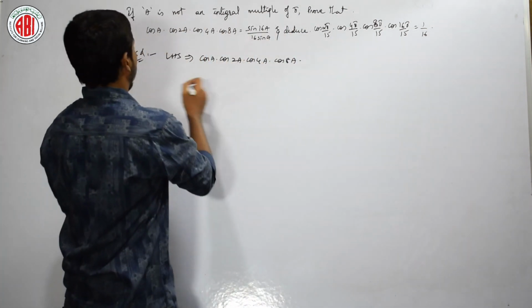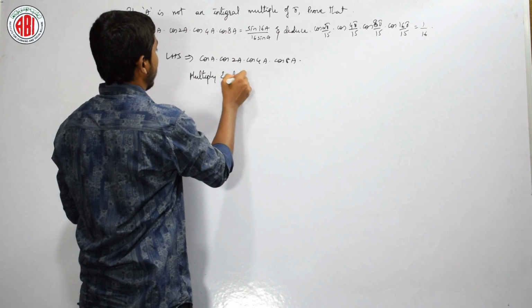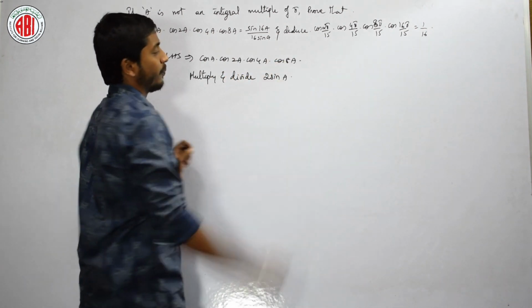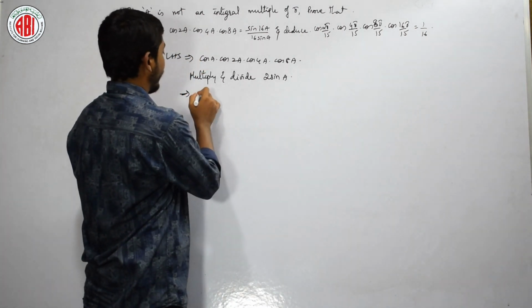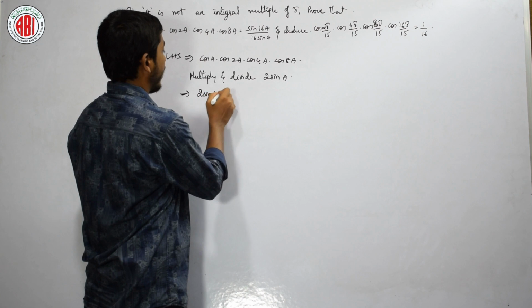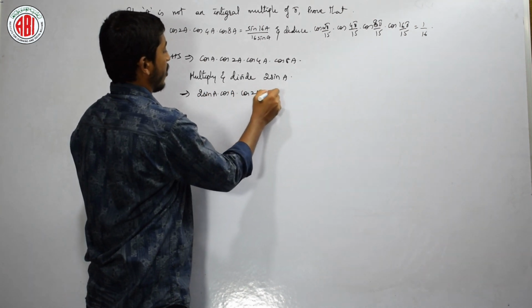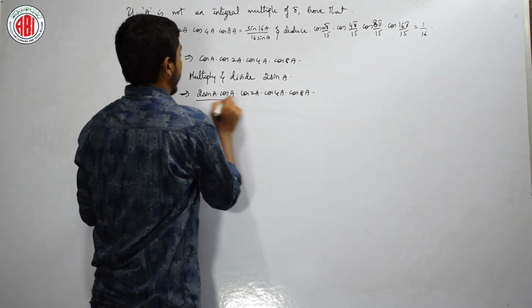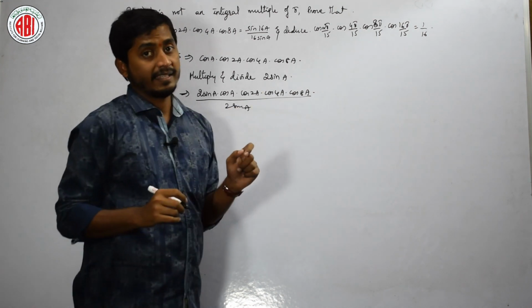Now let us do that. Let us multiply and divide by 2 sin A. Shall we do that? Now see here, it will become 2 sin A cos A into cos 2A cos 4A into cos 8A divided by 2 sin A, isn't it?